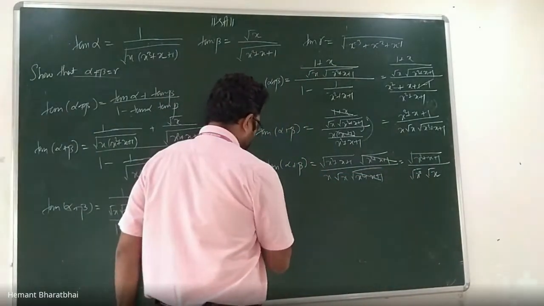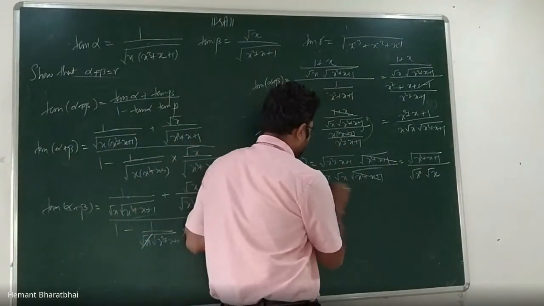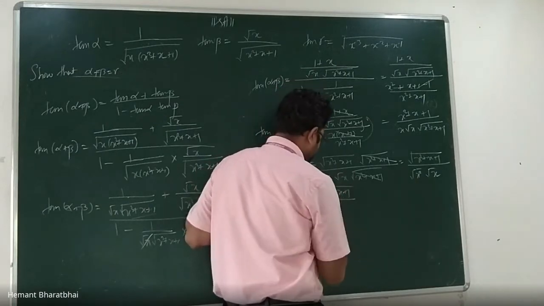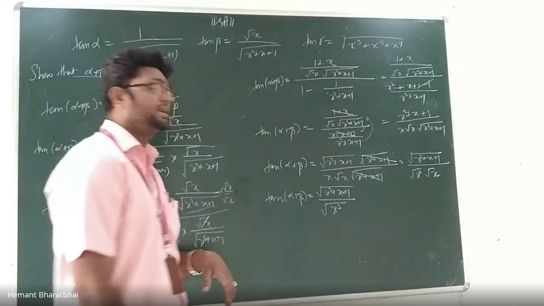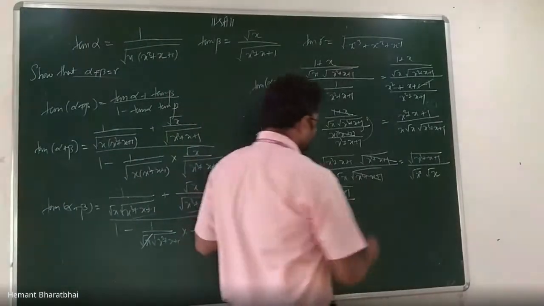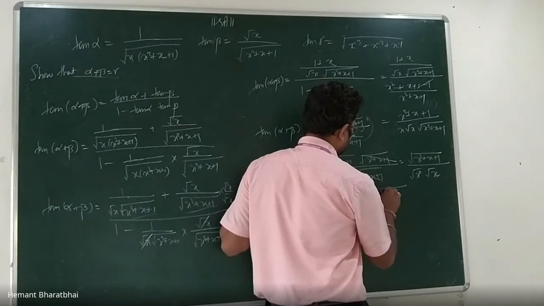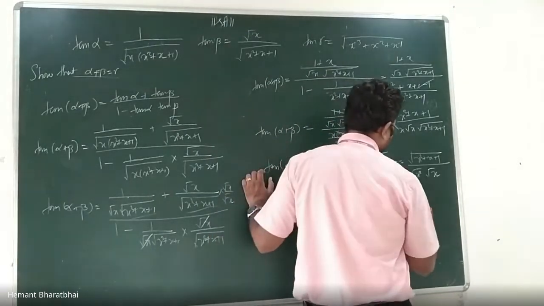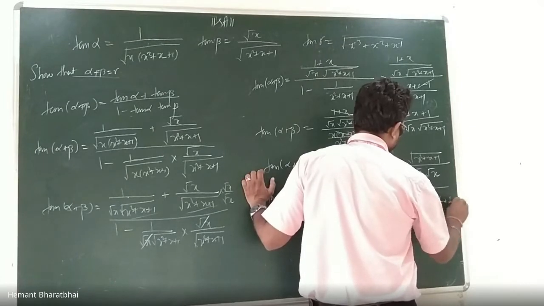Therefore, I can write tan of alpha plus beta is equal to under root of x square plus x plus 1 upon, this can be written in the same square root sign, which can be written as x square into x, that is ultimately x cube. Furthermore, both can be written in one square root symbol itself, so x square plus x plus 1 divided by x cube. So I will get under root of x square by x cube plus x by x cube plus 1 by x cube.